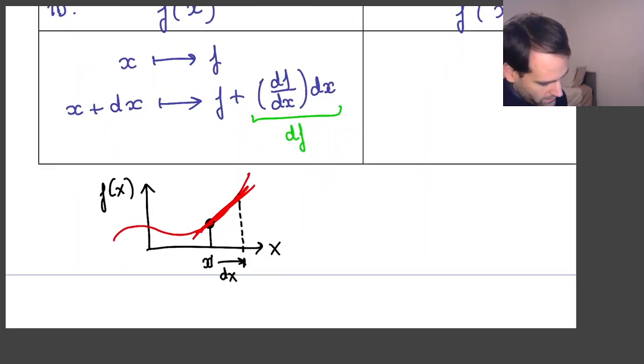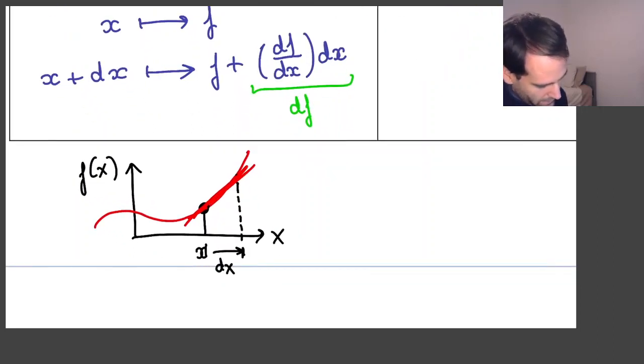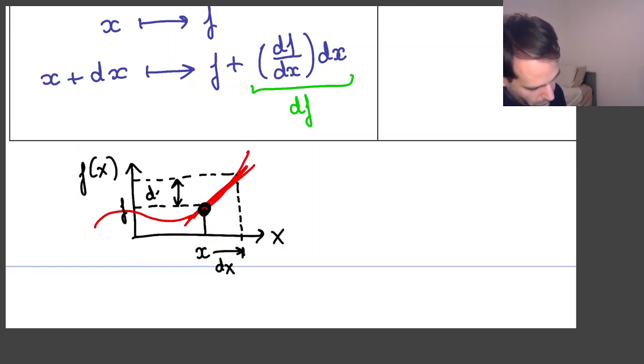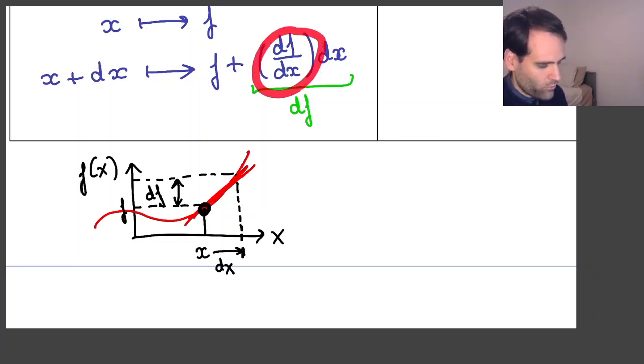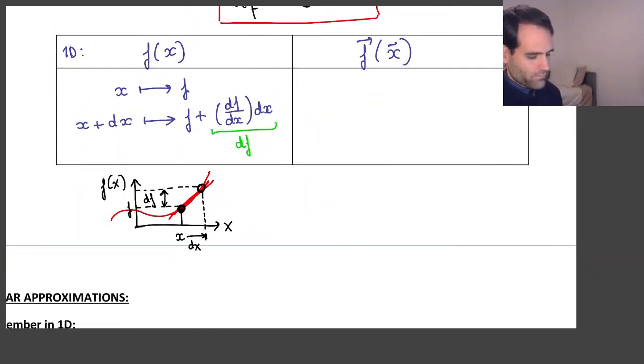So then x increased by an amount dx is equivalent to increasing f. So f is increased by an amount which is df. And df is equal to the derivative df over dx multiplied by dx, okay? So this is the one-dimensional case.